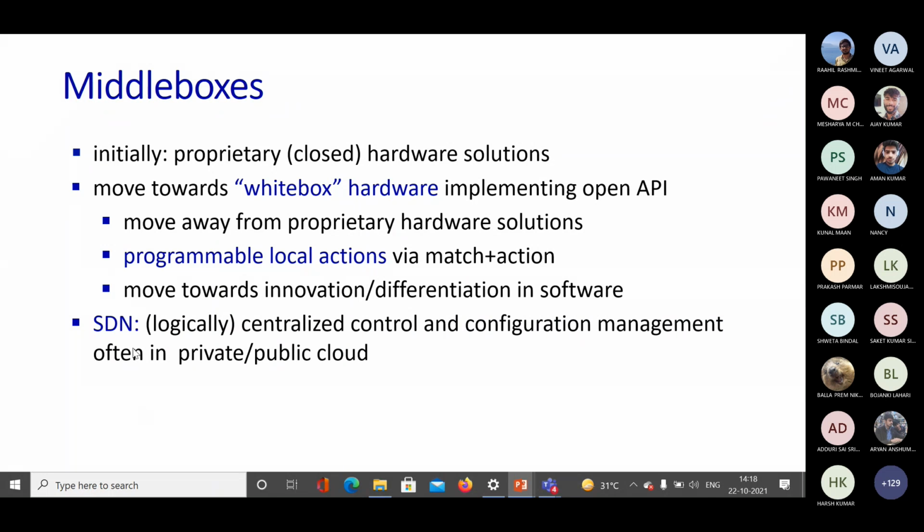And so SDN, or software defined networking, logically divides the entire network into a centralized control and the hardware which is near the hosts. Okay. So in the core network, you have the routers.